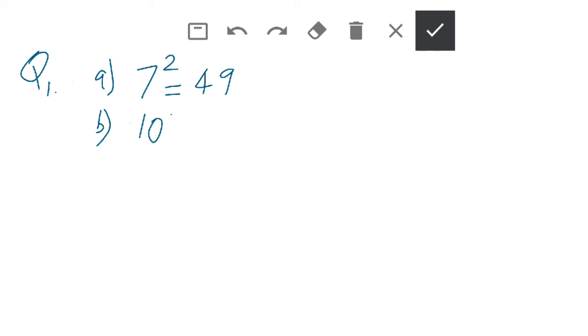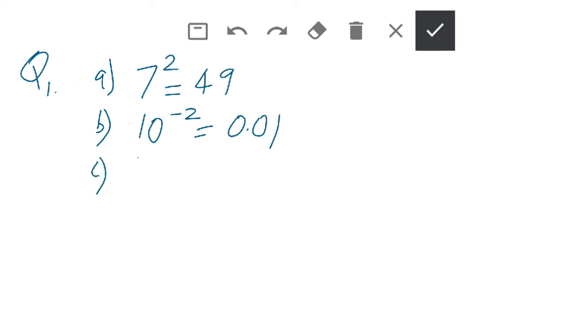And now for your assignment, I would want you to try the following. Question 1. Express the following in logarithmic notation. So number 1, you have to express in logarithmic notation. A, 7 squared equals 49. B, 10 raised to power minus 2 equals 0.01.